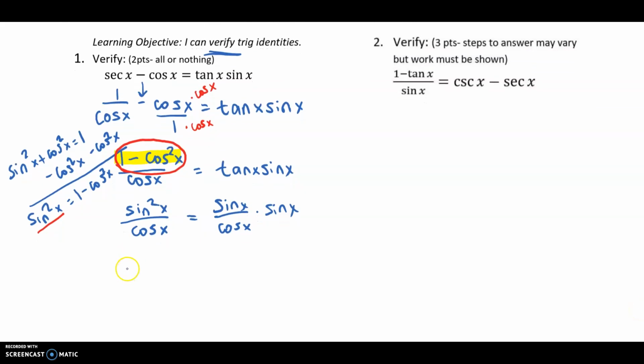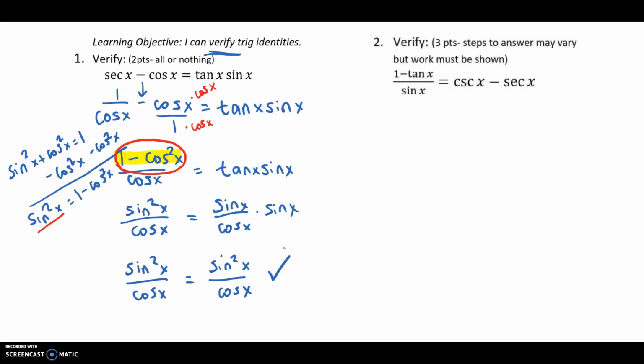Okay? This time I'm going to leave the left-hand side alone. And I'm going to convert sine times sine to sine squared. And it's going to all be over cosine. Ta-da! So we made the left-hand side match the right-hand side without moving anything across the equal sign.